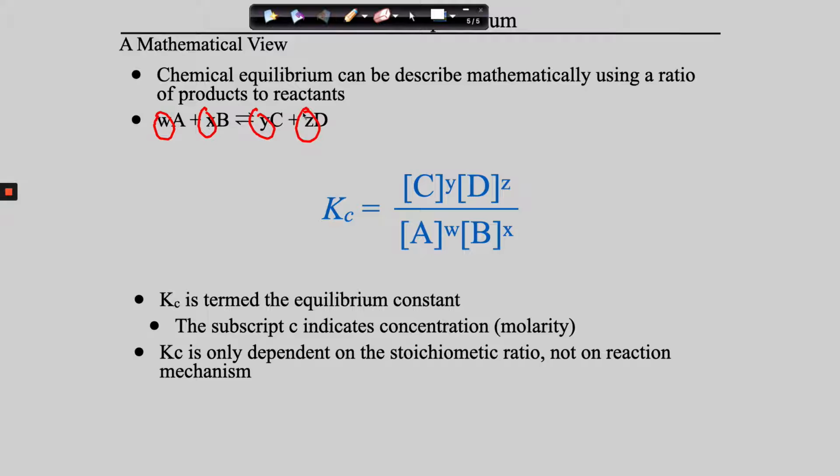Because guys, you know you can't write rate laws from balanced equations, because in the background the mechanisms are complicated. But on the front end, when we talk about equilibrium expressions, these you can write from the balanced equations because it all just depends on the stoichiometry. It doesn't matter how they get to equilibrium, it just matters where that equilibrium is.